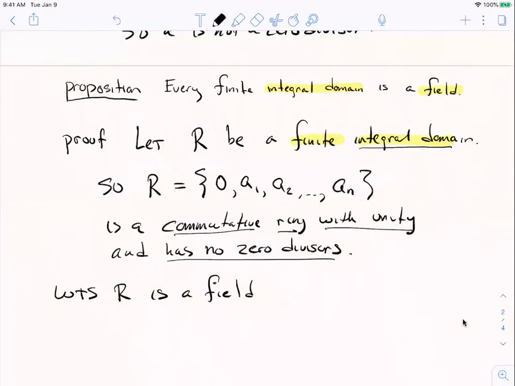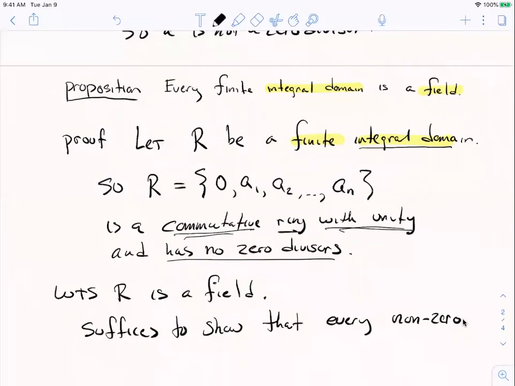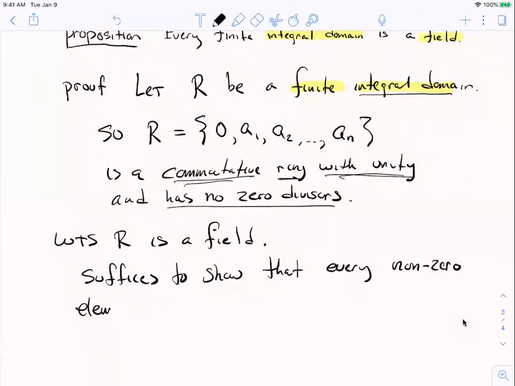Well, what's a field? A field is a commutative ring with unity in which every non-zero element is a unit. So we've already got the commutative ring with unity part, so it suffices to show that every non-zero element of R is a unit, that every non-zero element has a multiplicative inverse.